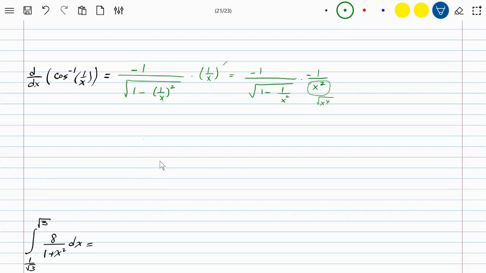It is because I can now multiply. You have square root times square root, you can multiply the inside. These two are equal to each other. So I can write this as negative 1 times negative 1, which gives positive 1. Square root of x to the 4th times 1 would be x to the 4th. X to the 4th times negative 1 over x squared would be just x squared. And this is it. You can factor an x squared out and take an x squared out, but that's good enough here.